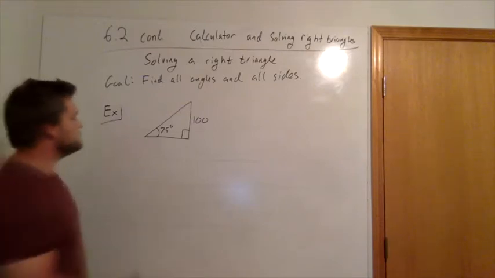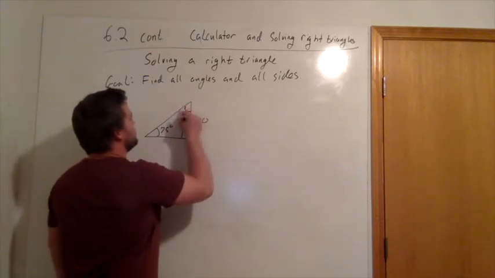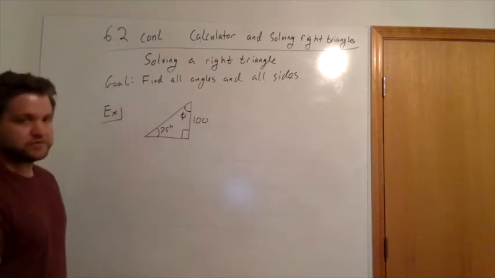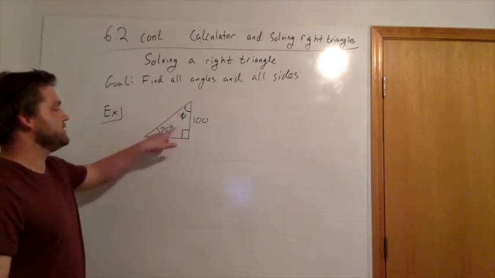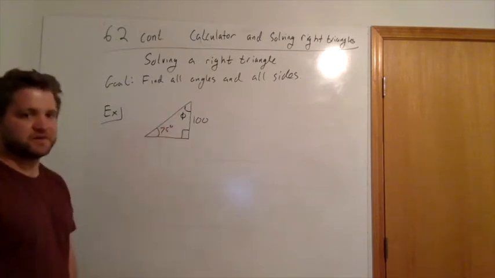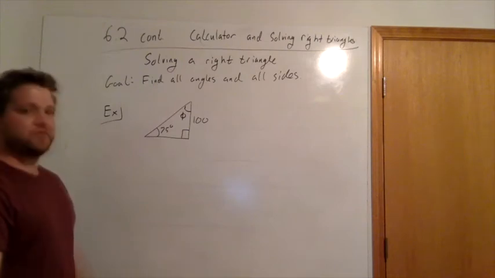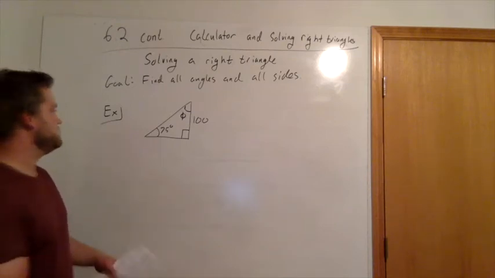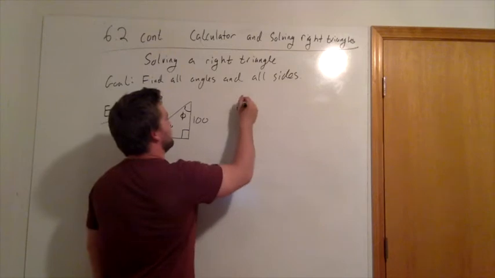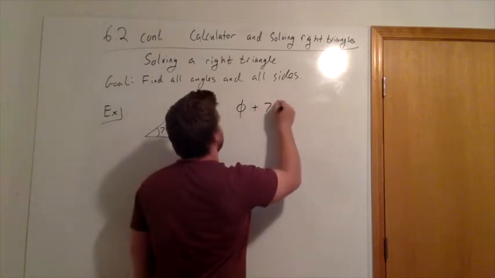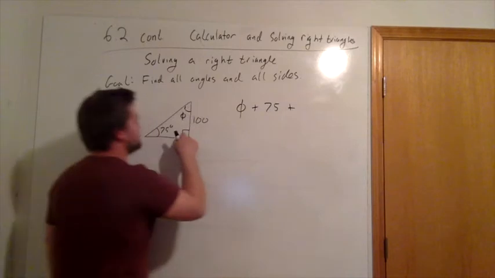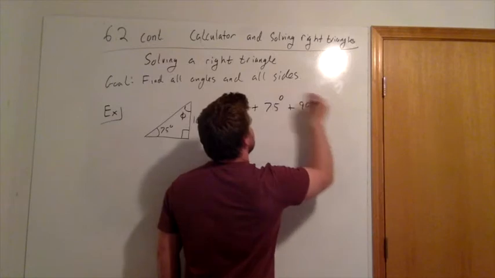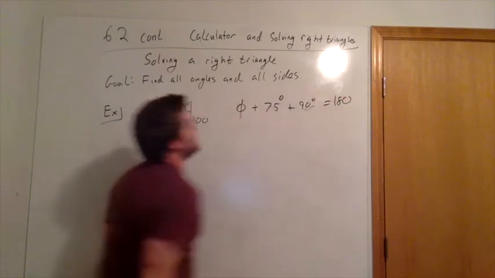Okay, so let's first find the angle here. One of the properties of all triangles is that the sum of the three angles of a triangle is always 180 degrees or pi radians. Check out my video for the proof of why that's true. So we must have that phi plus 75 plus 90 must all be equal to 180.